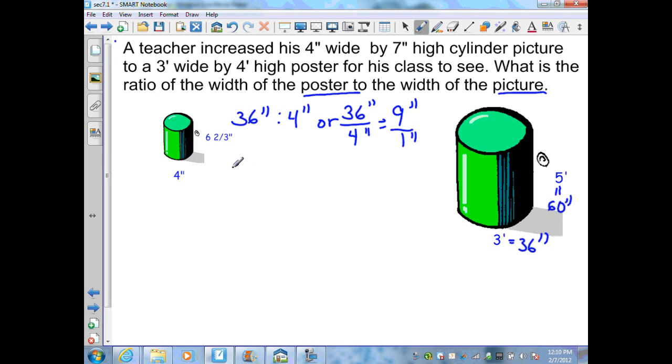Then I put that into a ratio, 60 inches compared to 6 2/3 inches. When I put that into an improper fraction, that's going to give me 20/3 inches. Or I also can write that as a fraction, which would be 60 over 20/3.